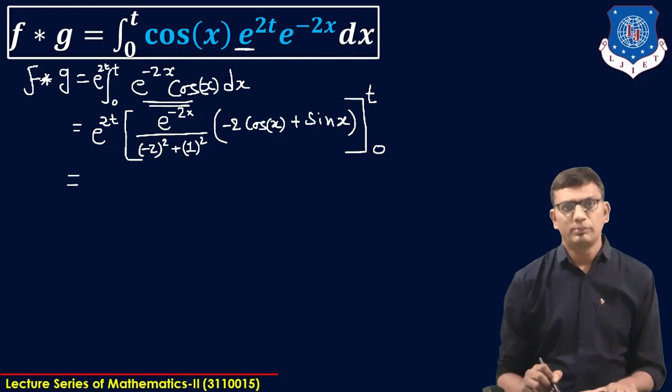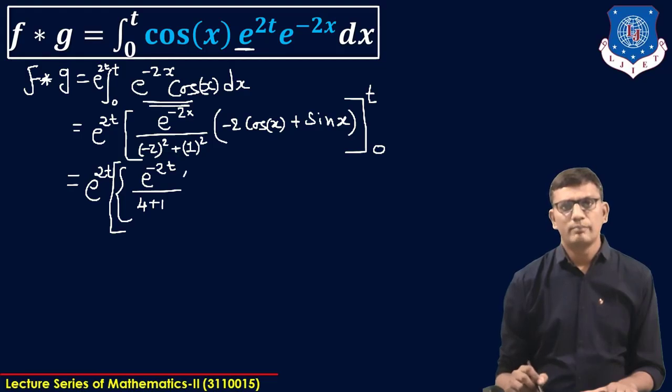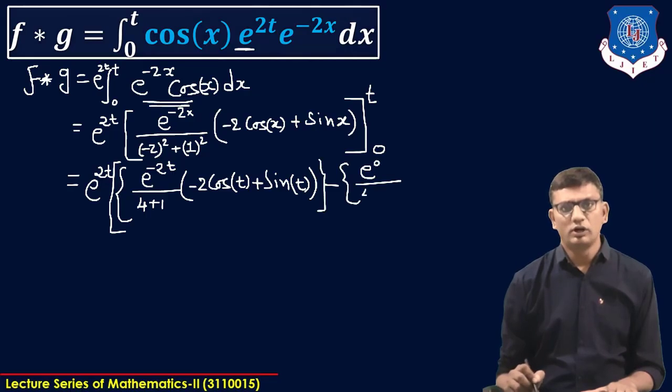After putting the upper limit, we get e raised to 2t, e raised to minus 2t upon 4 plus 1 into minus 2 cos t plus sin t, which is our upper limit, minus the lower limit, which is e raised to 0 upon 4 plus 1 into minus 2 cos 0 plus sin 0.